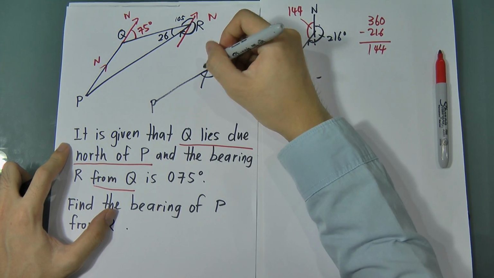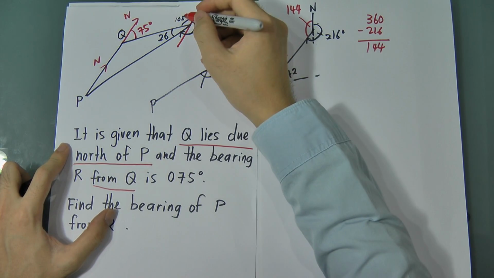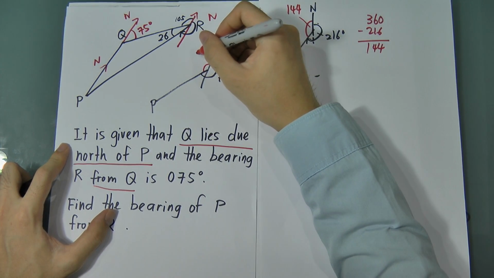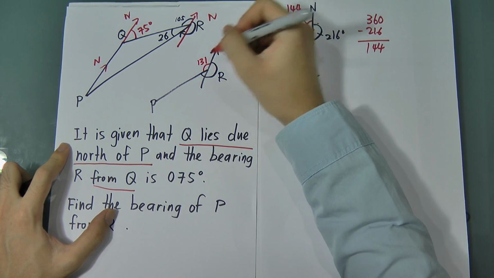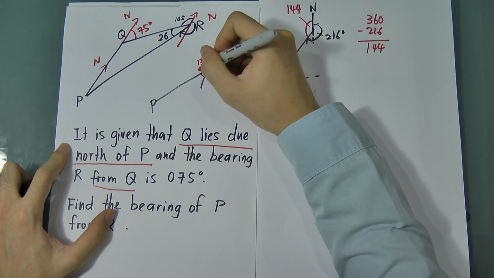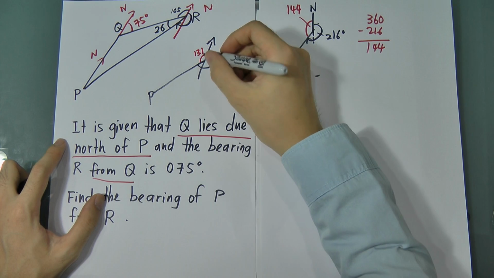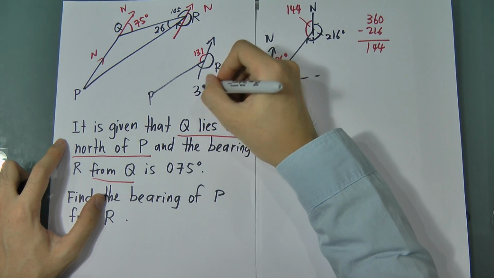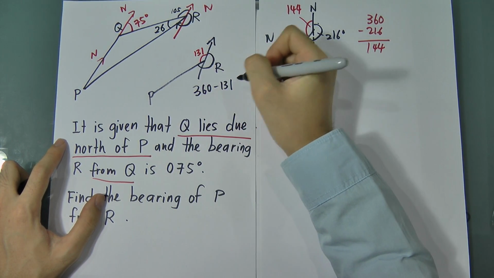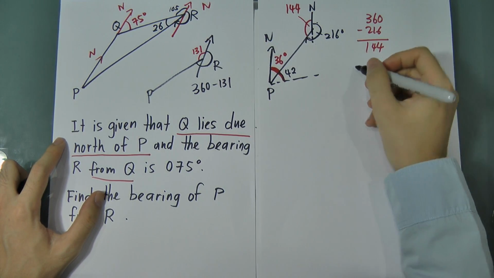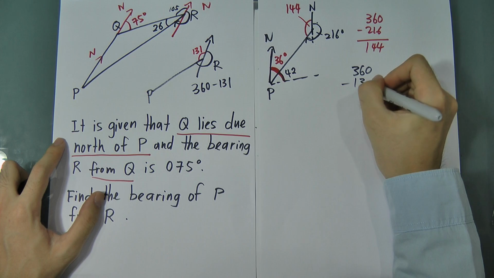The total angle over here will be 26 plus 105, which I think is 131. So the angle from here to here is 360 minus 131. Am I right? Let me do some calculation: 360 minus 131.